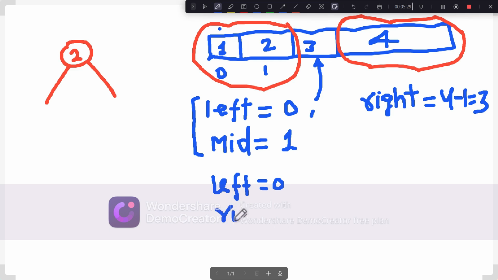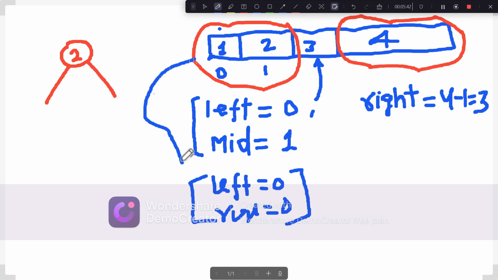So its right would be mid minus 1, which is 1 minus 1, so 0. So for this portion it is 0. Now let's calculate for this other portion as well. We have to calculate one more, which would be here. So for the right side, what would it be?